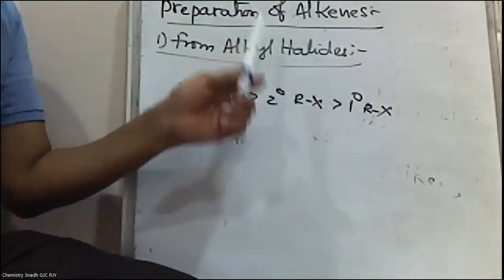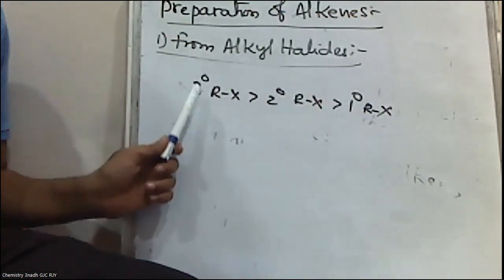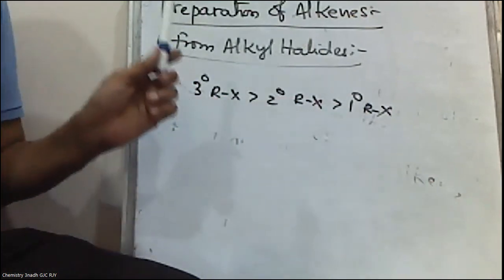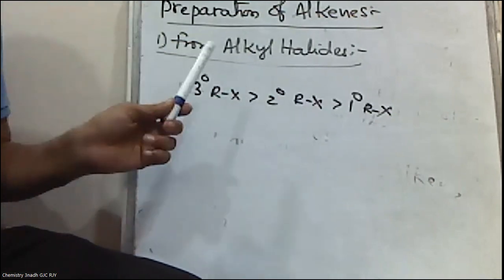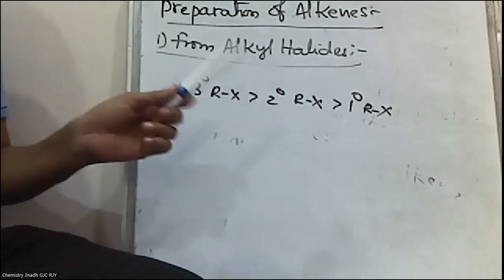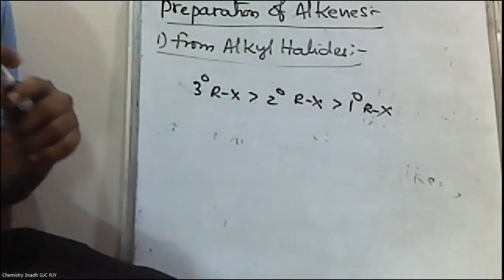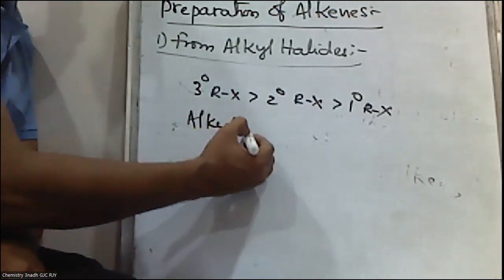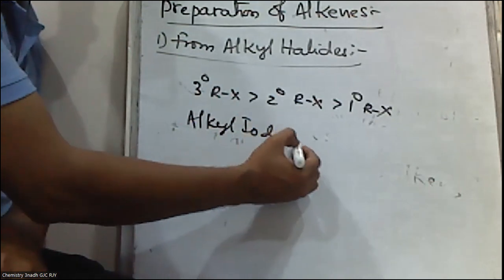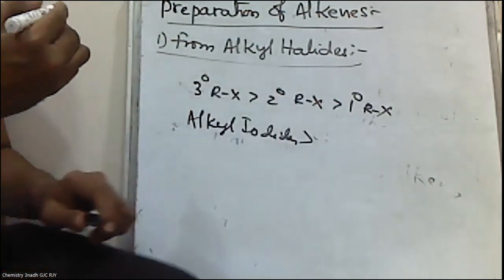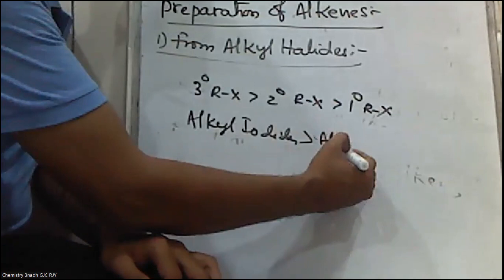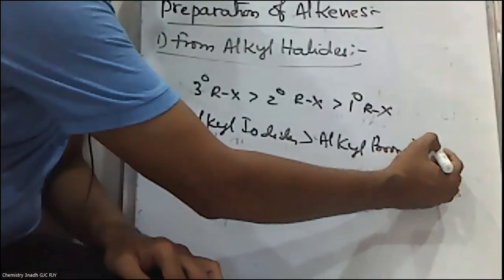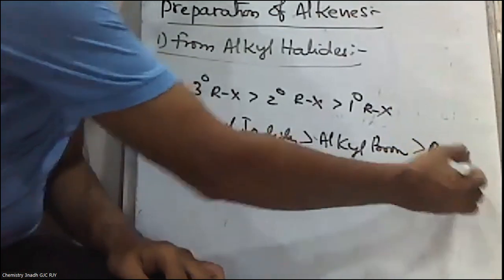If you observe the reactivity of various alkyl halides, tertiary is more reactive than secondary, which is more reactive than primary. Among the different halides, alkyl iodides are more reactive than alkyl bromides, which are more reactive than alkyl chlorides.